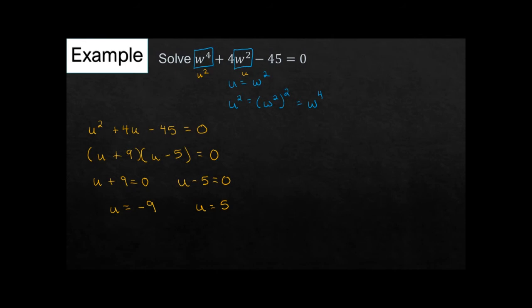So now that we found u, we need to go back and find w. So instead of u being equal to negative 9, u is w squared. So we have w squared equals negative 9, and w squared equals 5. And these are both quadratic. So I'm going to get 2 solutions from each of these, which will give me a total of 4 answers.